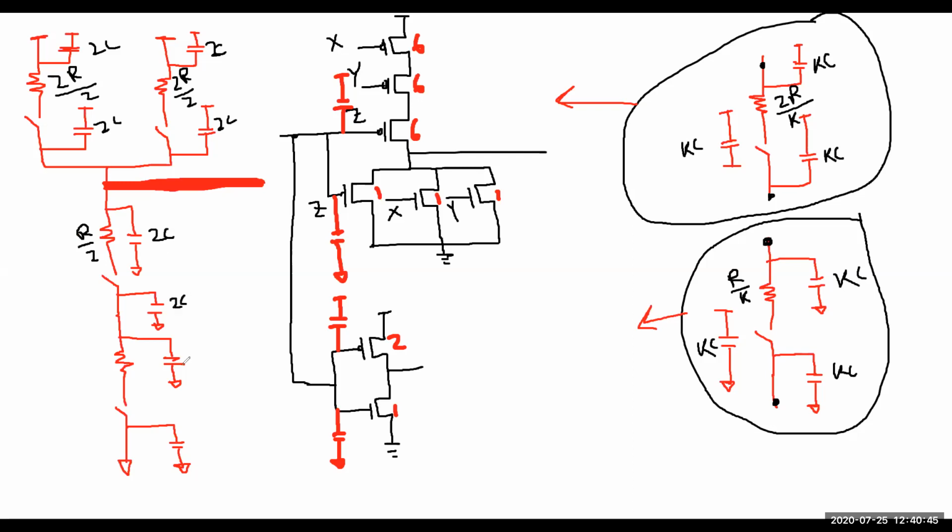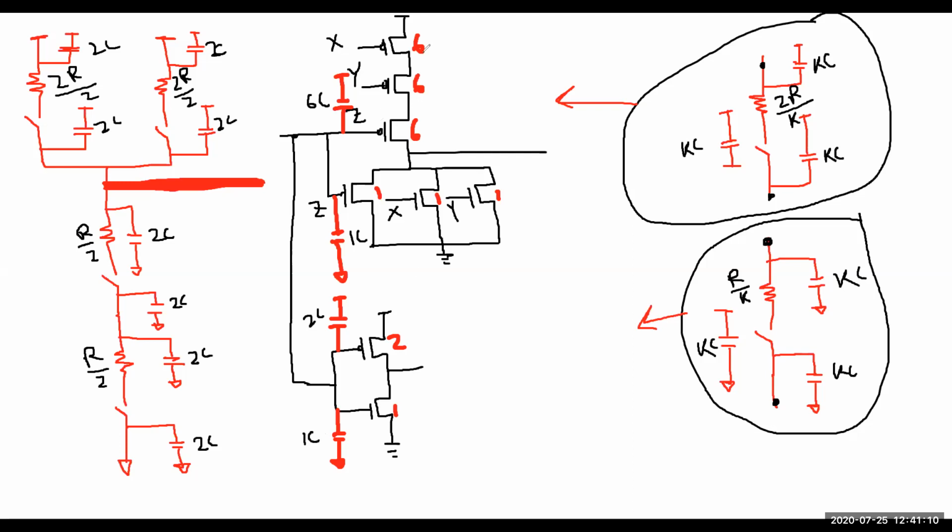This is 2C. This is 2C because sizing is 2. Sizing is 2, that's why KC, that means 2C. This is R by K, that means R by 2. This is 2C. Understand? This one will be what? 6C, because sizing is 6. This one, sizing is 1, so 1C. This one is 2, so this will be 2C. Sizing is 1, so 1C.